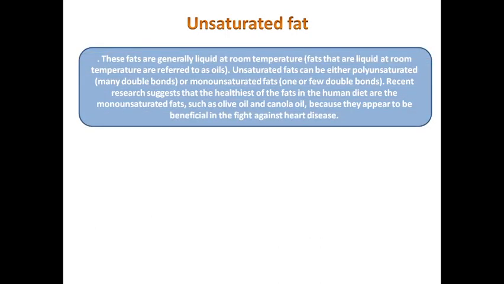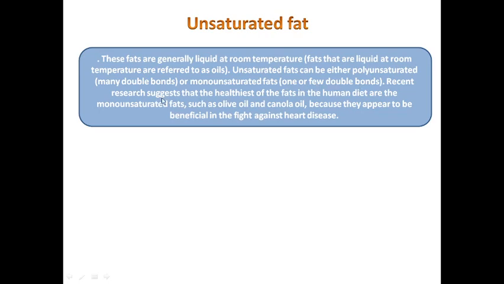Now these fats are generally liquid at room temperature. Unsaturated fats can be either polyunsaturated, meaning they contain many double bonds in the aliphatic chain, or monounsaturated, meaning they contain one or few double bonds.